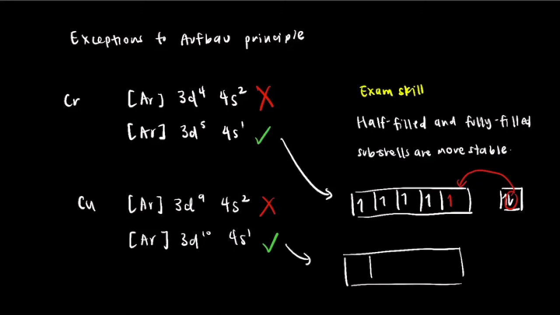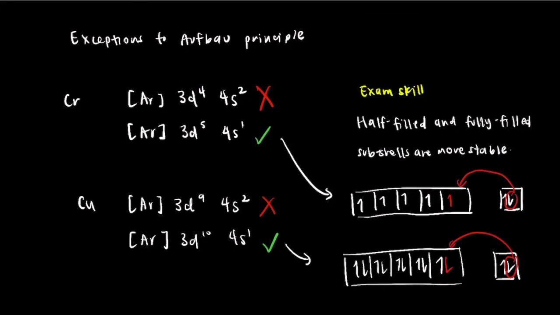Likewise for copper, we have 3d9, 4s2, but if we move that one 4s electron into the half-filled 3d orbital, we will get a fully filled 3d orbital in copper, which is more stable than the 3d9 4s2 electronic configuration.